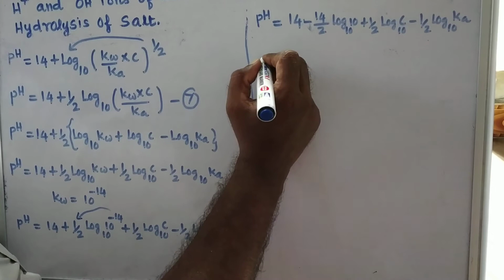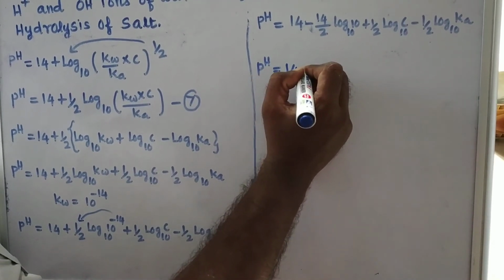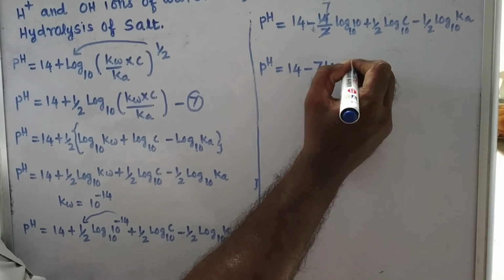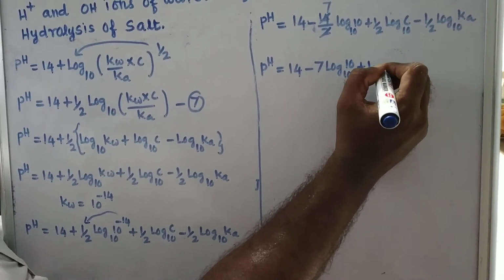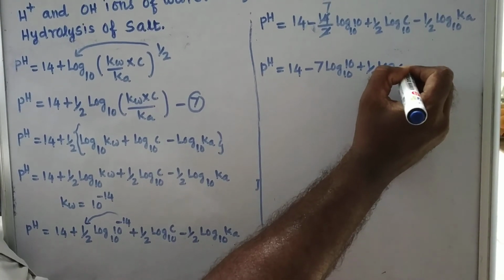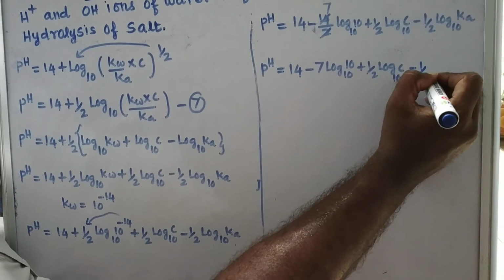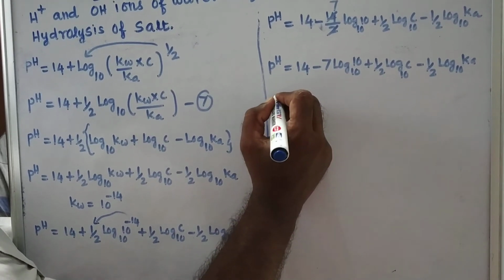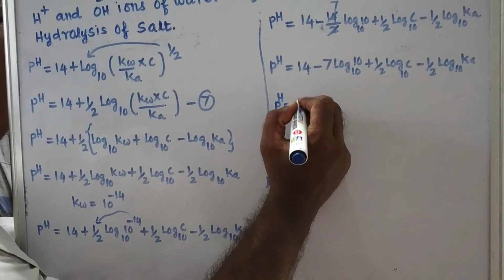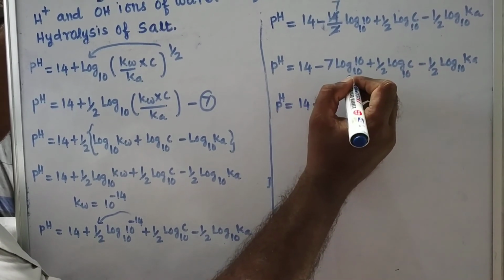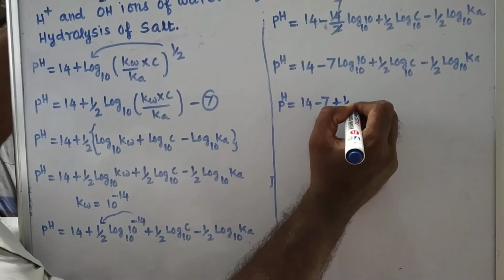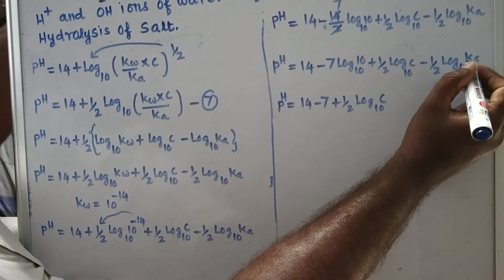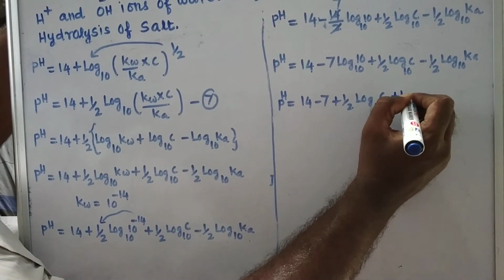Then it becomes pH equal to 14 minus 7 log base 10 power 10, which is equal to 1, plus half log base 10 C minus half log base 10 Ka.